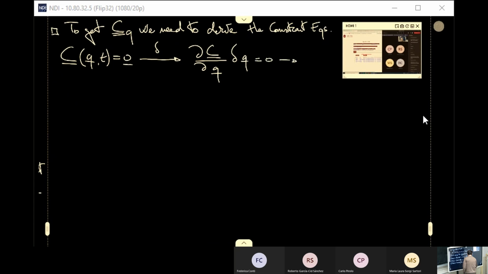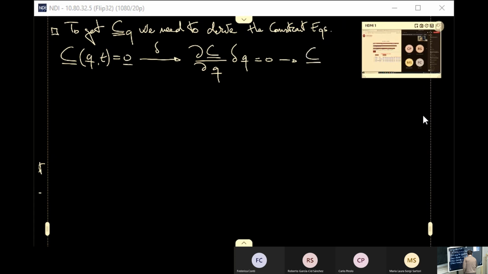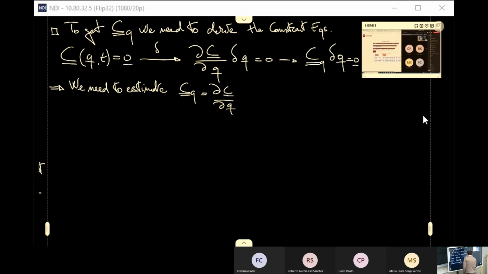And as we said yesterday, this is CQ delta Q. So we need to estimate CQ, which is the partial of C with respect to Q. This is what we have to do now.